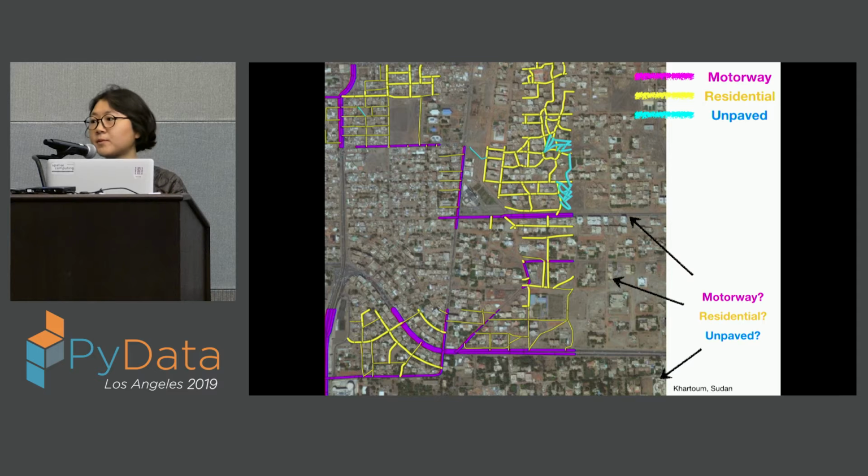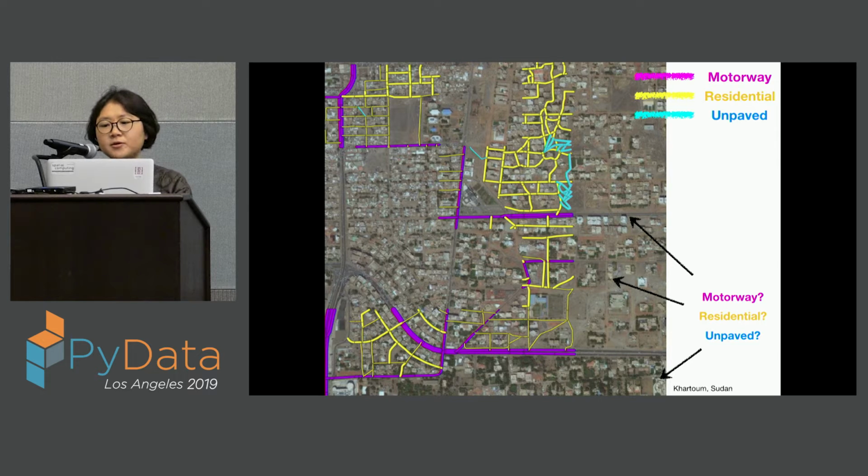The specific problem we're going to look at is detecting different types of roads from satellite images. The image you're looking at right now is a region in Sudan called Khartoum. It's actually the capital of Sudan. I was given this data set with a bunch of satellite images, as well as some road masks labeled by experts.